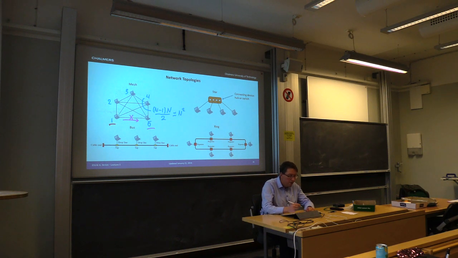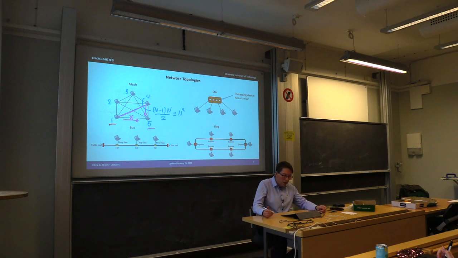But if some type of excavator digs off the fiber cable here, which happens all the time, then this link is lost, but the data could be rerouted through another node and communication can be resumed after a short delay, right? So it's a robust network, but it's also very expensive.